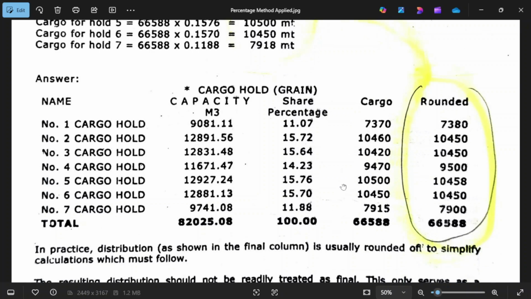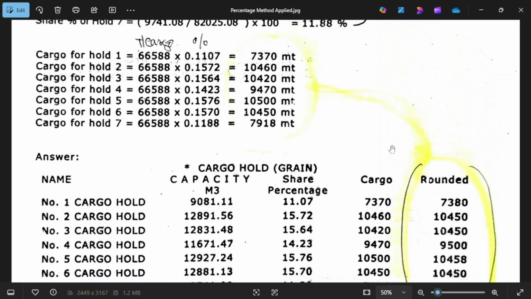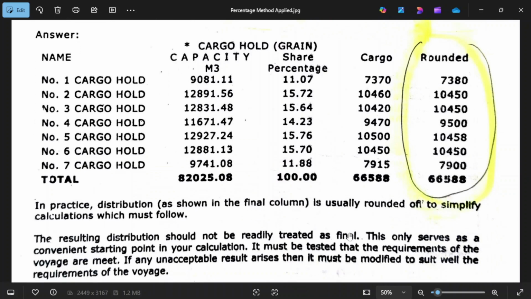Now, guys, take note here, this value or this amount of cargo is only a temporary amount of cargo.